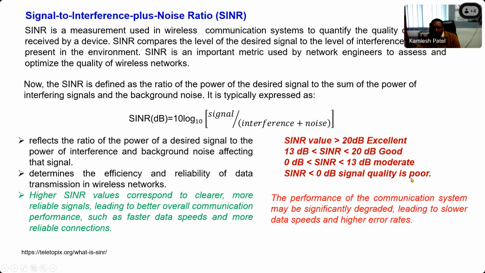So the SINR value defines the quality of the overall communication performance. If the value of SINR is less than 0 dB, the performance of the communication system may be significantly degraded, which will lead to slower data speed and lower data rate.